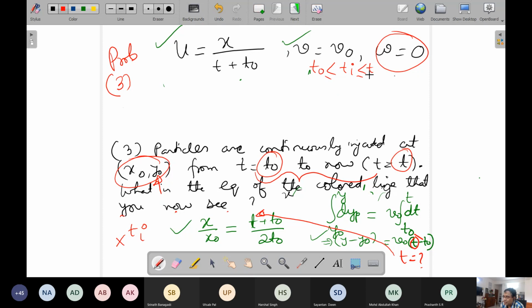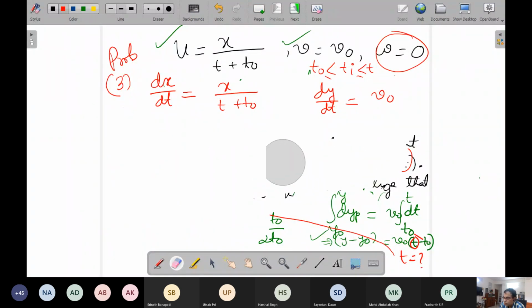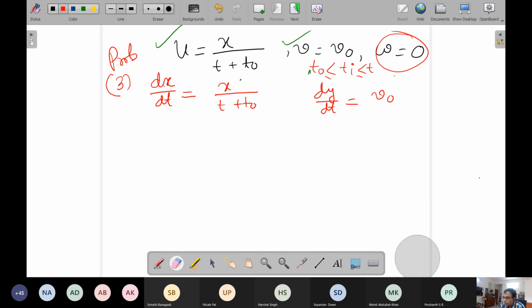But given that you know the ti, you can convert this to a Lagrangian description. That means you can write very similar to the previous one. I will just not write dxp dt, but I will mean the same. And I will write dy dt. This is exactly the same as what I had written here for solving question number 2. Now, can you tell what is the most subtle difference?